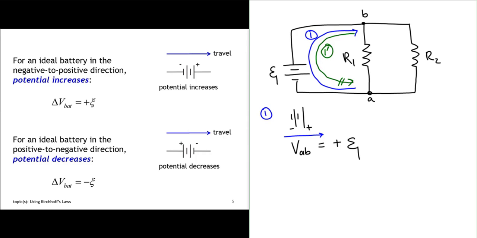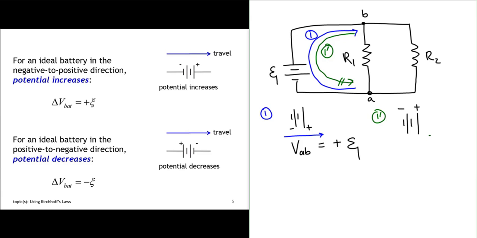Now, if you choose to go in that direction, what you have to know is if you're going across the battery, and so let me write this path 1 prime right here. Here we have the battery oriented like this, negative terminal on the left, positive terminal on the right.